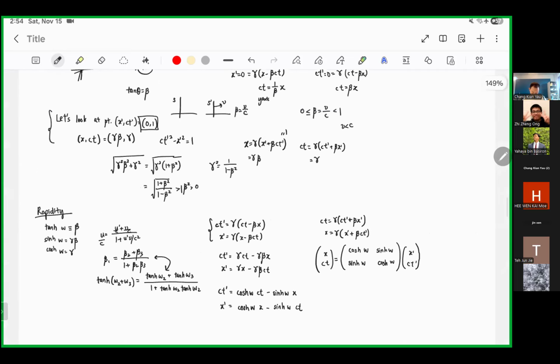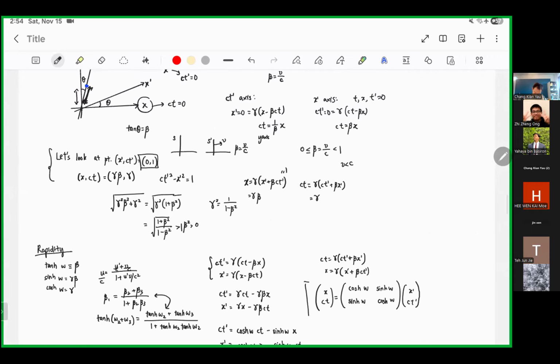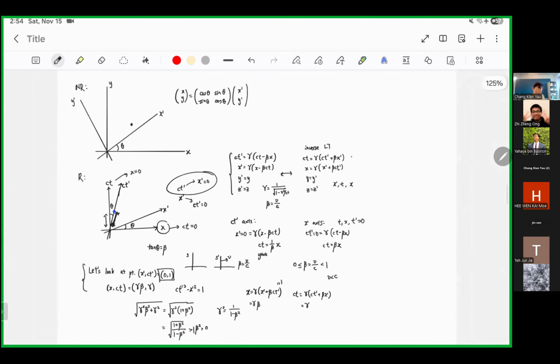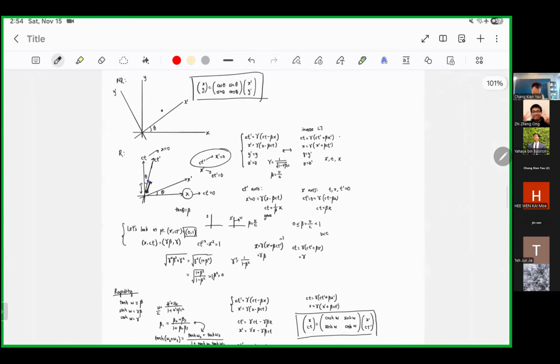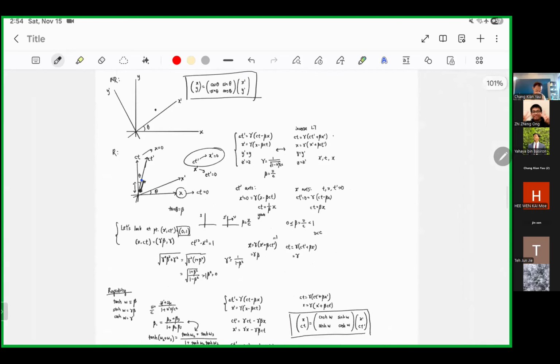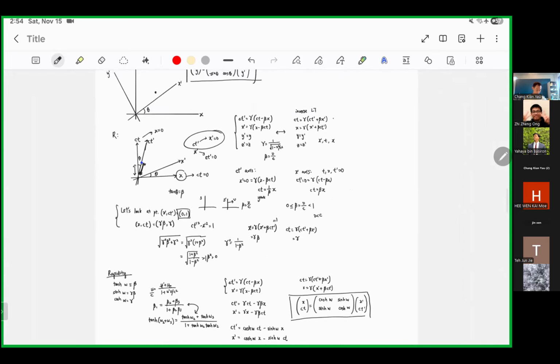If you compare this matrix to the rotation matrix in 3D space at the start, they look similar. So what this means is that the Lorentz transformation is technically just a rotation, but in 4D spacetime.